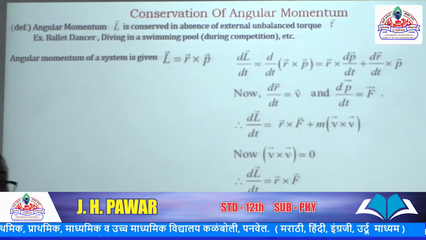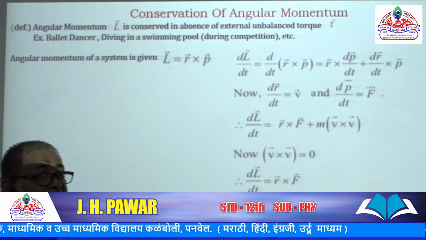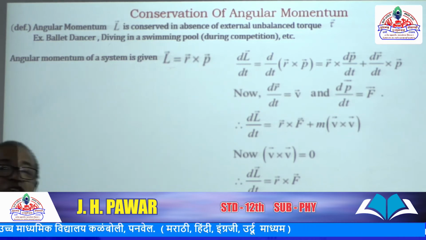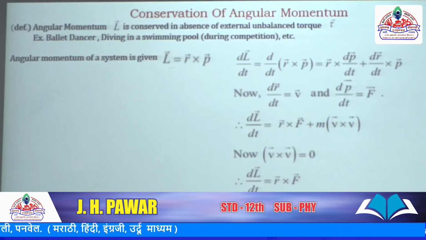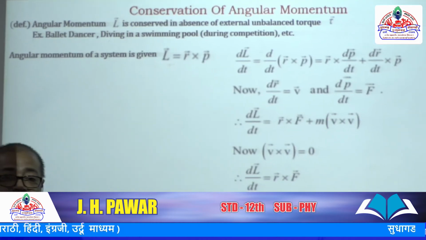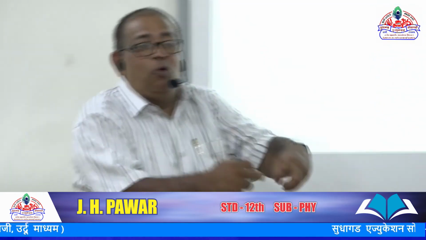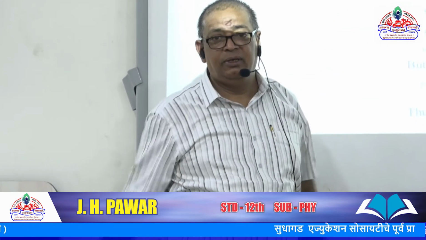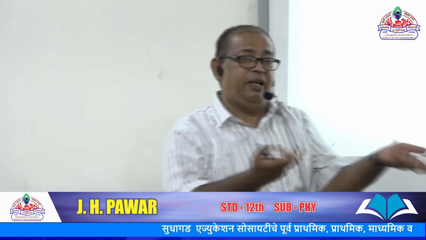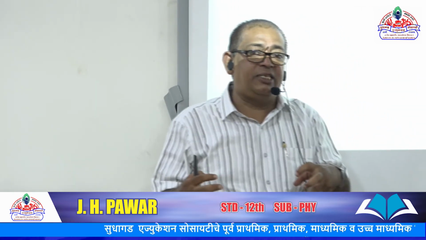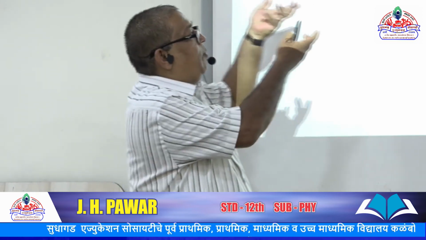For two bodies that collide with each other, their total momentum before collision is equal to their total momentum after collision. We saw certain examples of linear momentum last year. Then we have to discuss angular momentum.